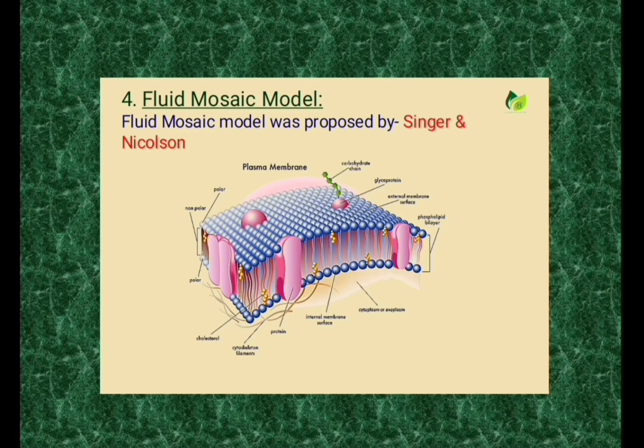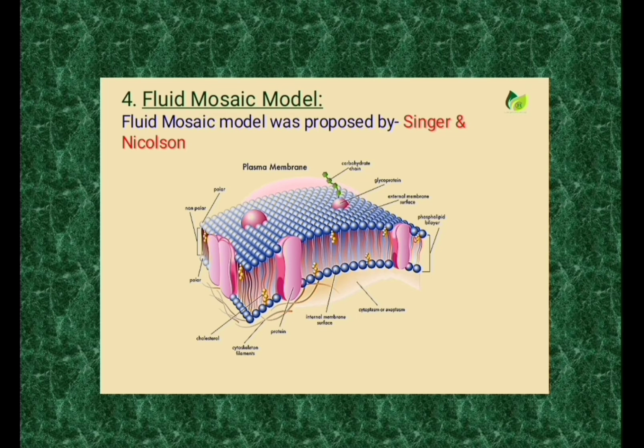Coming to the next model, the important one, the fluid mosaic model. The fluid mosaic model was proposed by the famous scientists Singer and Nicolson. According to them, the lipid molecules are present in a fluid state capable of rotating and moving laterally within the membrane.